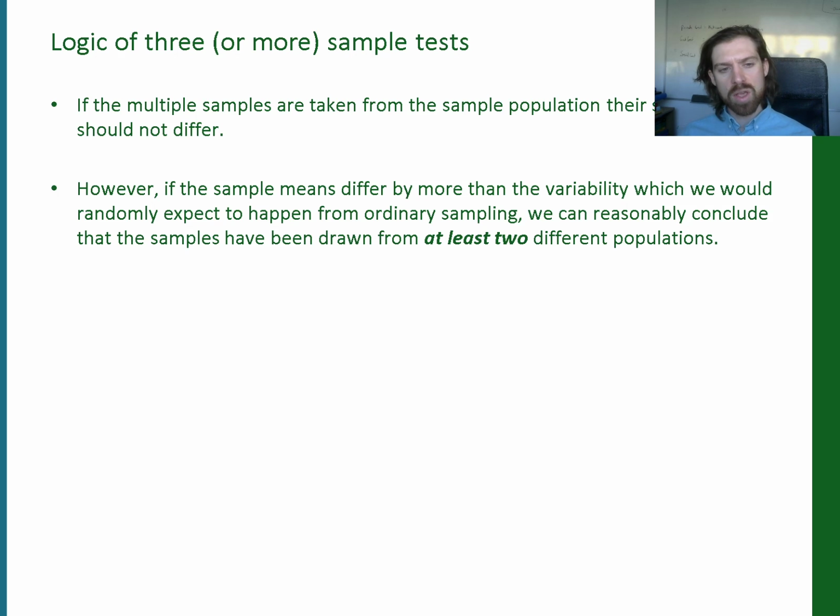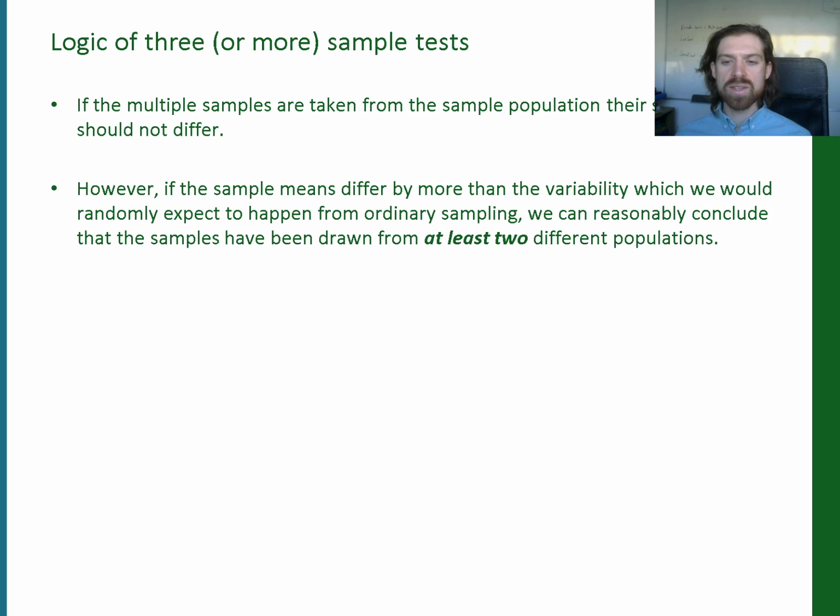The other outcome that you might get is that if the sample means differ by more than the variability which we would randomly expect from ordinary sampling, then we can reasonably conclude that the samples have been drawn from different populations, so at least 2 different populations. That key phrase will be important for you in understanding these tests, particularly as you move towards being examined.